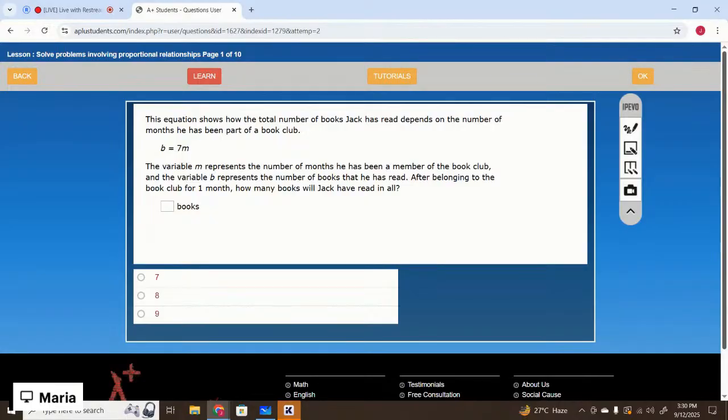This equation shows how the total number of books Jack has read depends on the number of months he has been part of a book club.